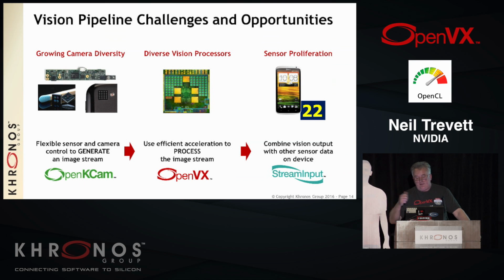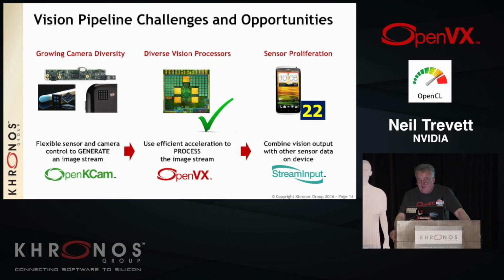And on the output, you send your images from the sensors, potentially an array of sensors, into your accelerator engine, whatever it is, OpenVX. That's what OpenVX does, and you have that done and shipping. And then on the output, of course, camera sensors are just one type of sensor. In a mobile phone particularly, there's a multitude of sensors. In fact, we counted up the other day, 22 sensors.